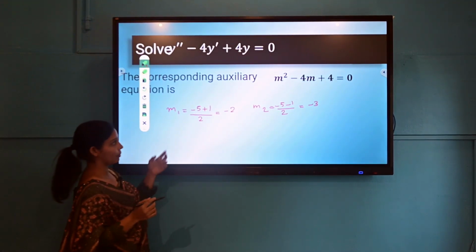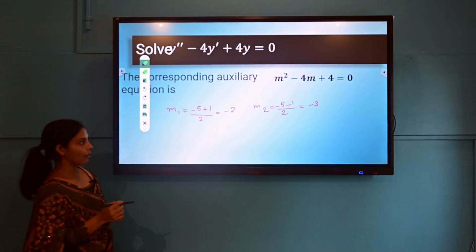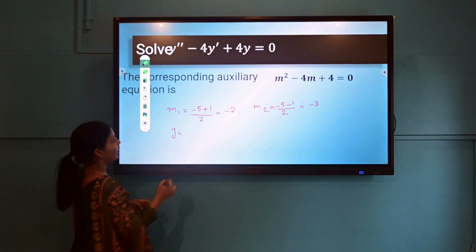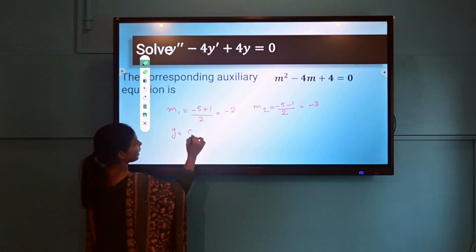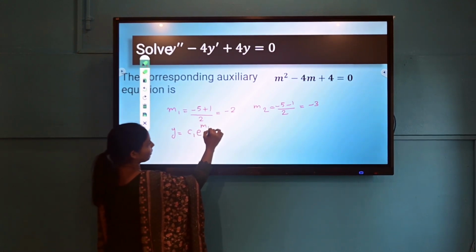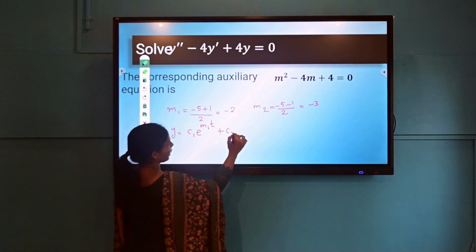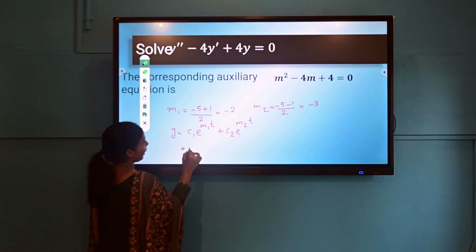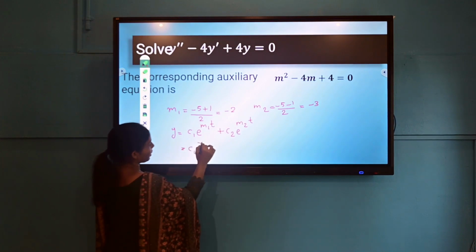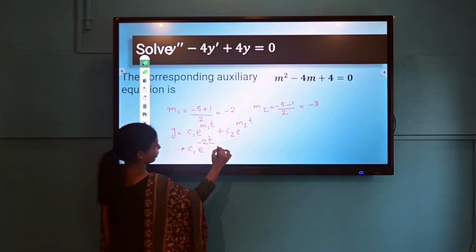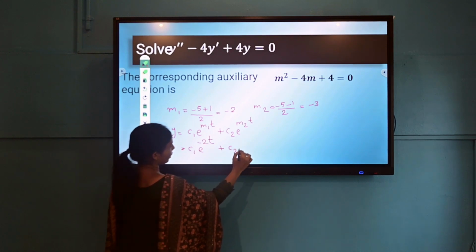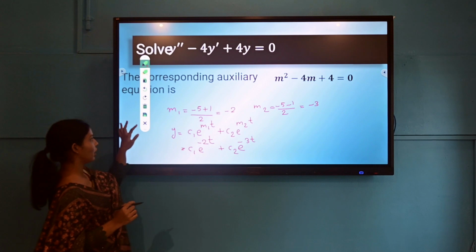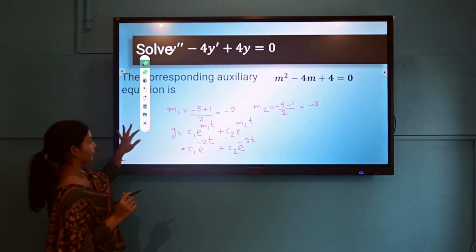That is m1 is minus 2 and m2 is minus 3. Here we can write y is equal to c1 e raised to m1t plus c2 e raised to m2t, that is c1 e raised to minus 2t plus c2 e raised to minus 3t. This is the solution of this differential equation.